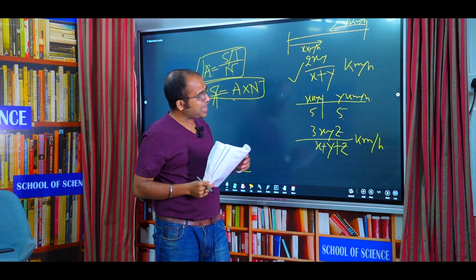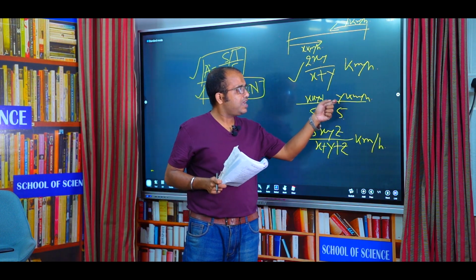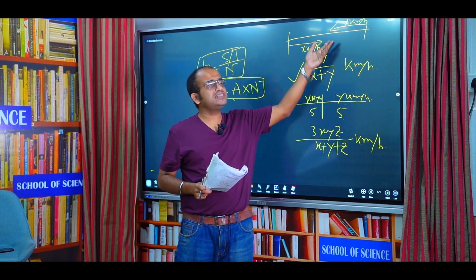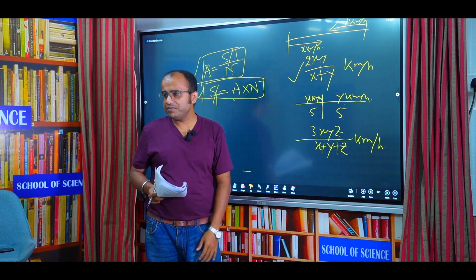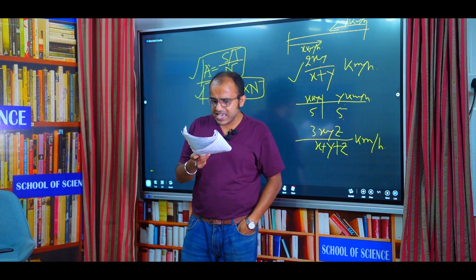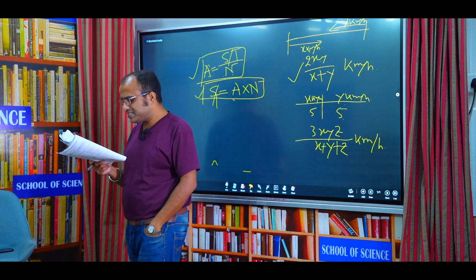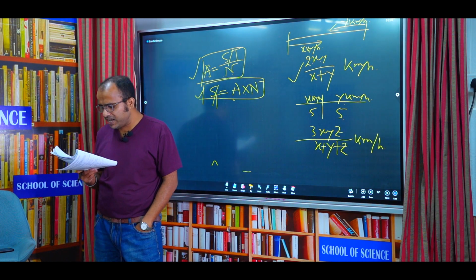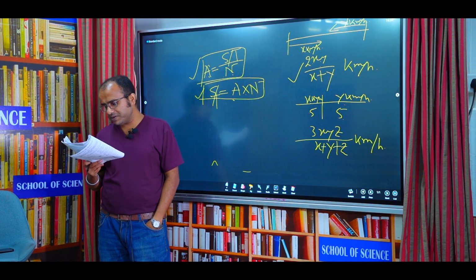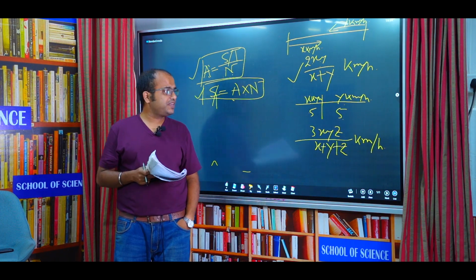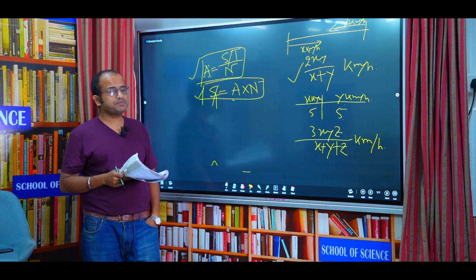If the person travels 3 equal distances at speeds of x, y and z km per hour respectively, then the average speed during the whole journey is 3xyz divided by x plus y plus z.